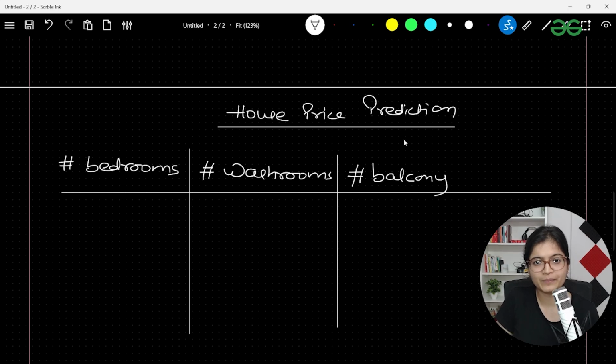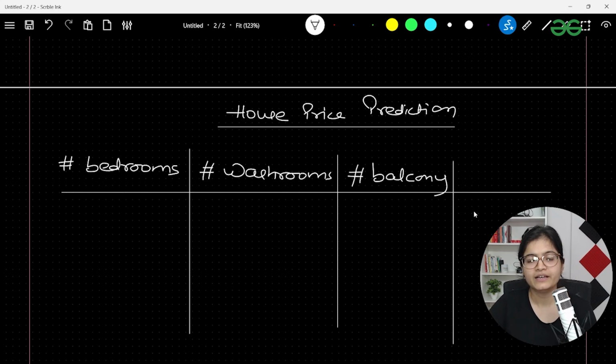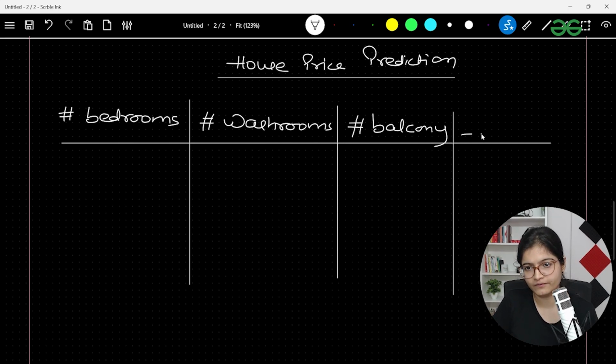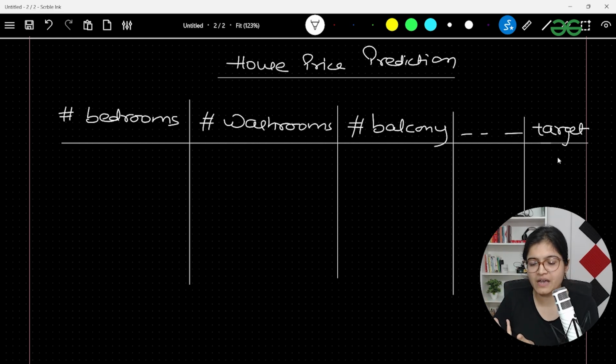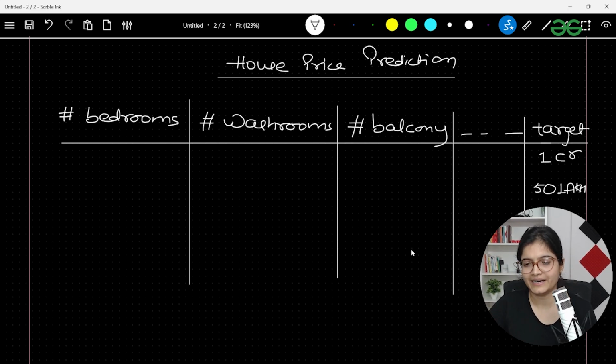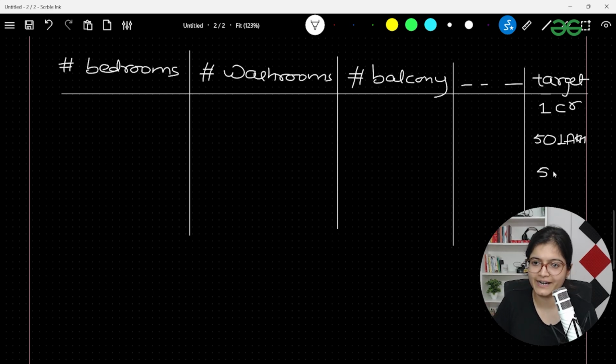So there are multiple features which are responsible for the prediction of y. Again, the target value y is available to you, which is maybe, for some house, 1 cr, for another house 50 lakh, and for some other house, let's say, 5 cr, and so on.